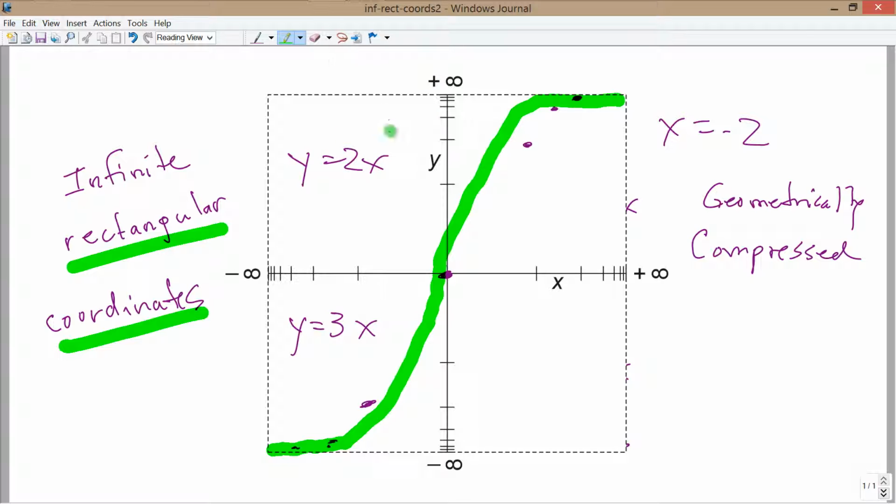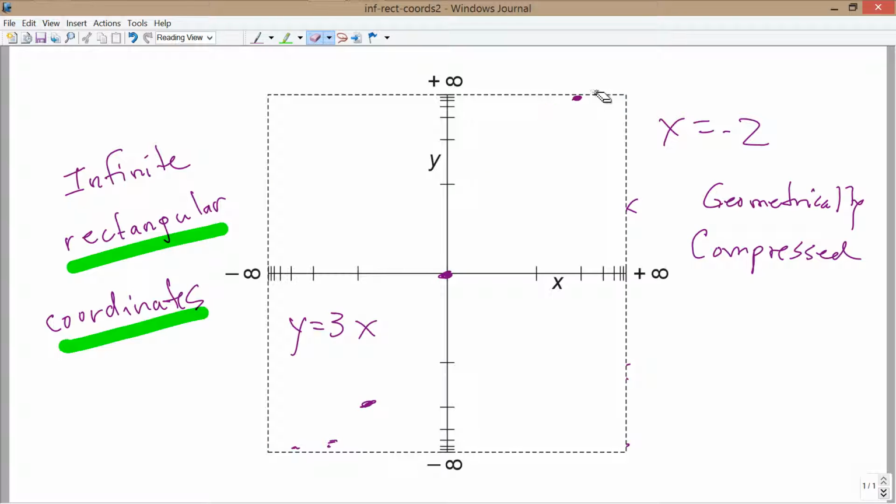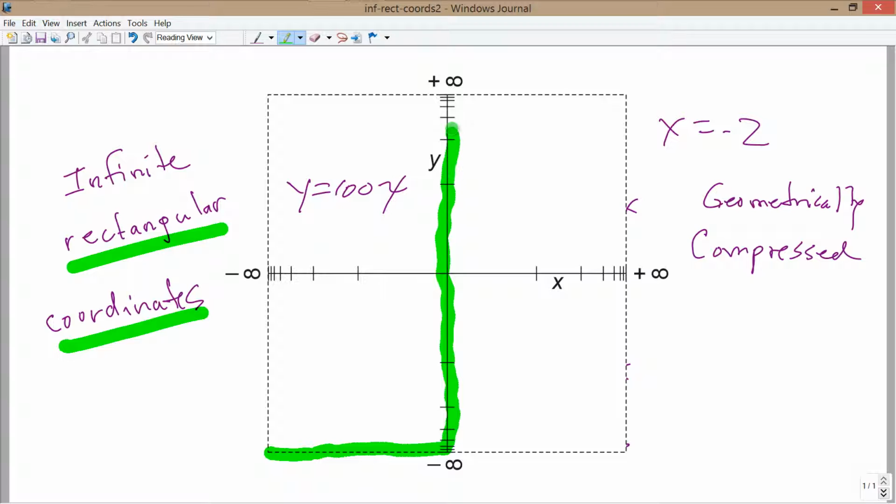And as the coefficient were to increase, say y equals 100x, well, in this graph, for all practical intents and purposes, we'd get something that looked like this. It would almost be squared off. Not quite, but almost. And so on and so on.